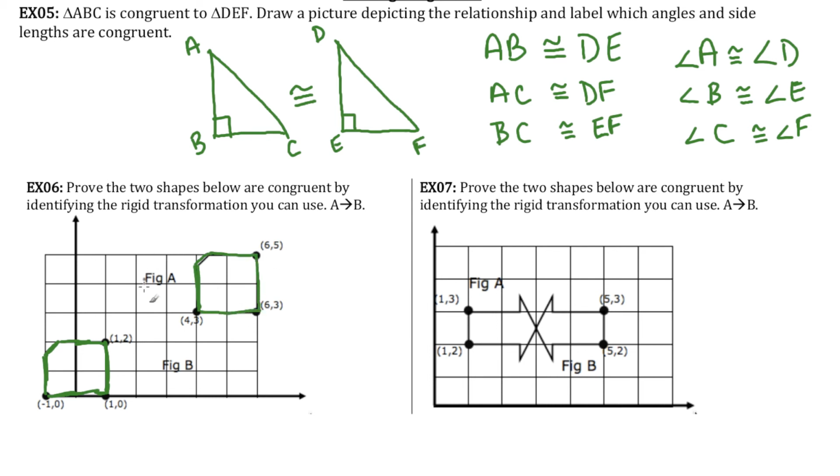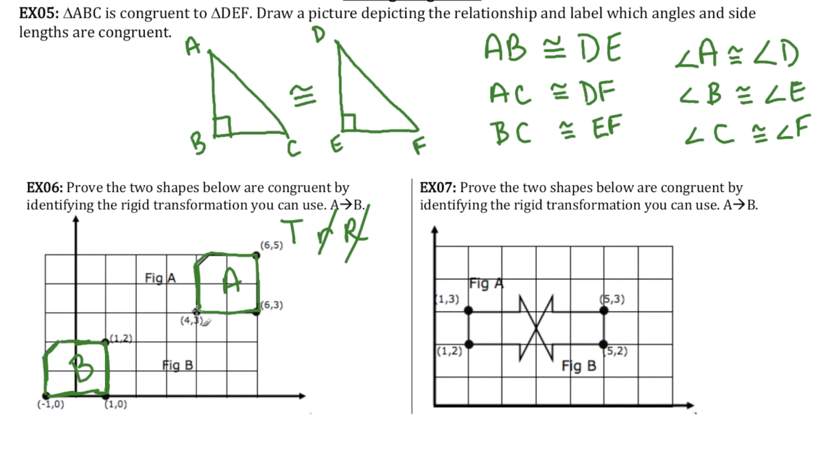Okay, so prove that these two shapes are congruent by identifying the rigid transformation you can use to get from A to B. I know that's kind of far away, but we'll say this is A and this is B. Remember, we can either translate, reflect, or rotate. It looks like it was just slid, so we're not reflecting, we're not flipping it, we're not rotating it around something, we just moved it.